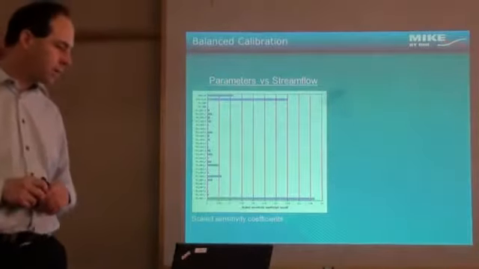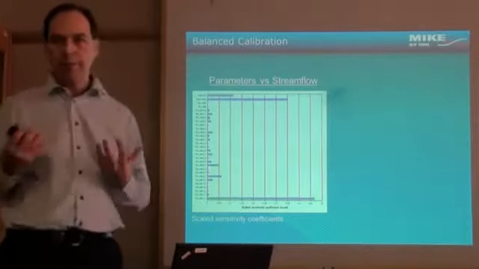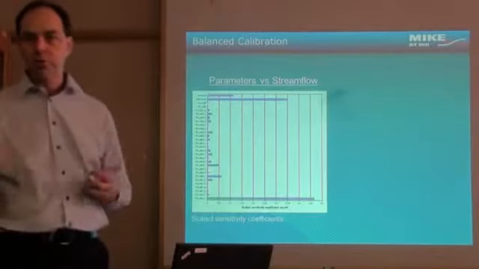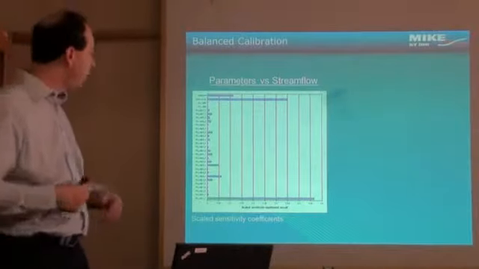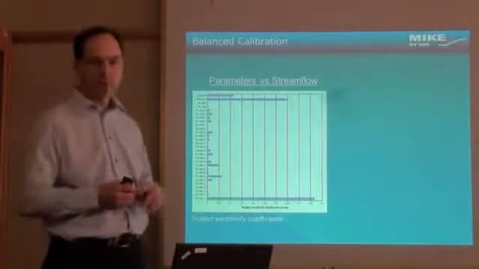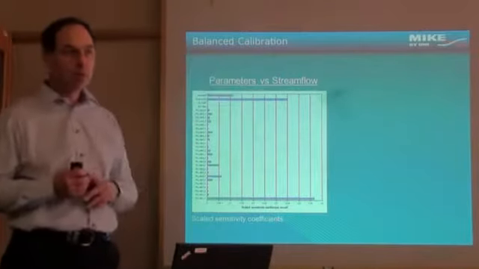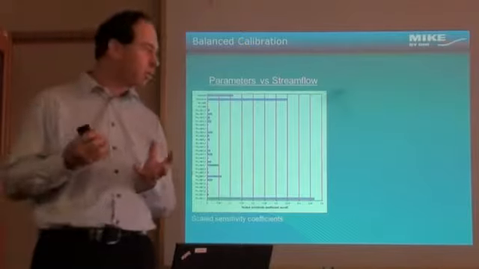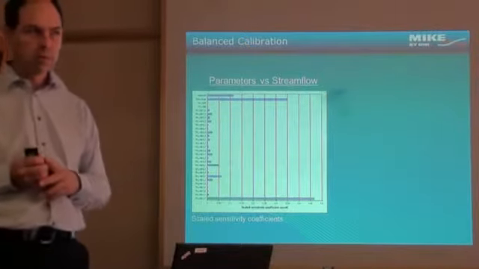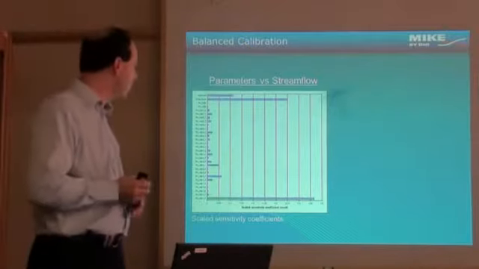Now, if we look at the parameters that come into a model, because every time we add a process, we need more parameters. And when we relate those parameters, in this case, to stream flow, which parameters of our model will affect the calculated stream flow in rivers and streams?